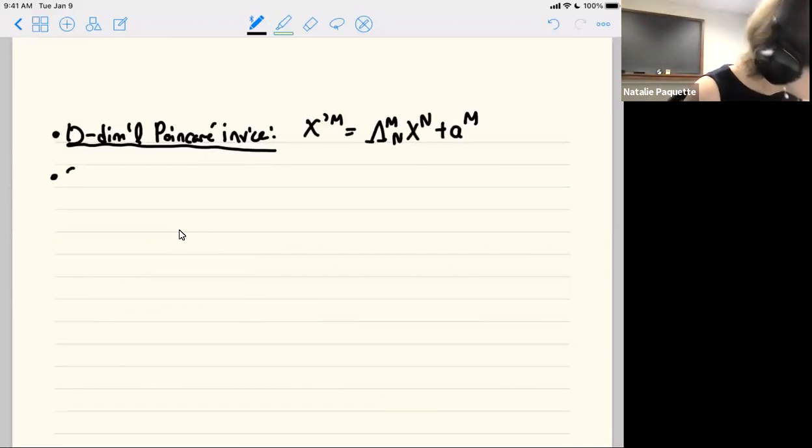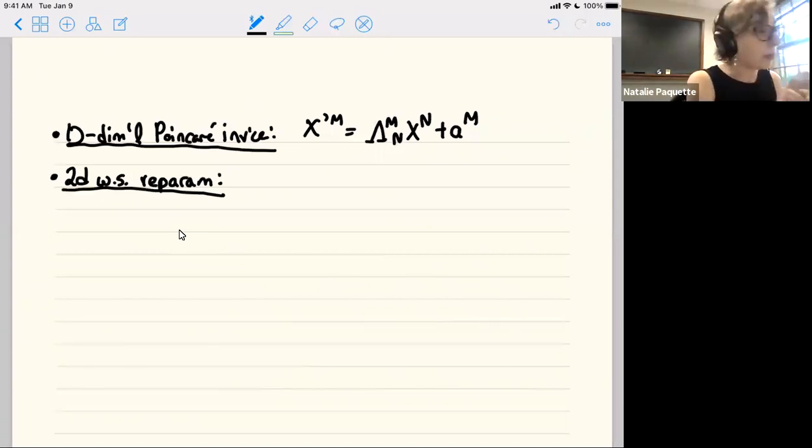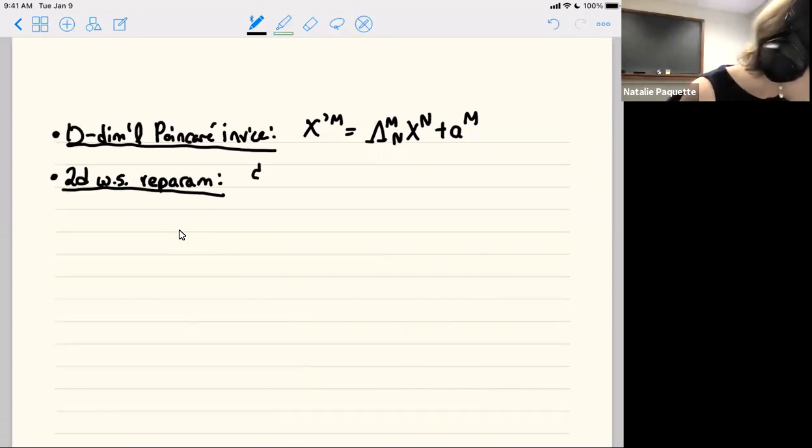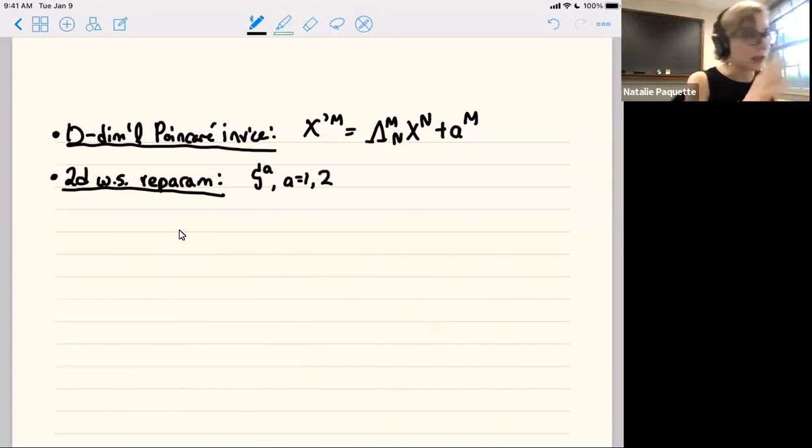Then in 2 dimensions, we have 2-dimensional world sheet coordinate reparameterizations, or diffeomorphisms. And this is a local symmetry from the point of view of the world sheet. If I denote my world sheet coordinates by some variable zeta, just for compactness of notation, so zeta 1 is sigma, zeta 2 is t, then the transformations will leave the embedding scalars invariant.